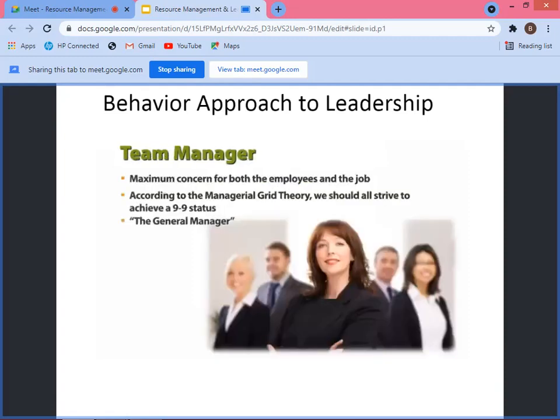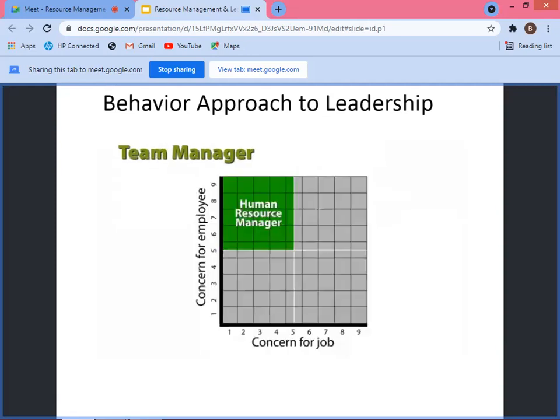And the team manager, maximum concern for both employees and the job. According to the managerial grid theory, we should all strive to achieve a 9-9 status. This is like the general manager. It could be an HR manager, but most of the time HR managers are more concerned for people rather than the job.